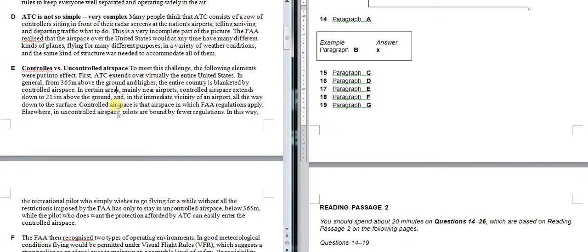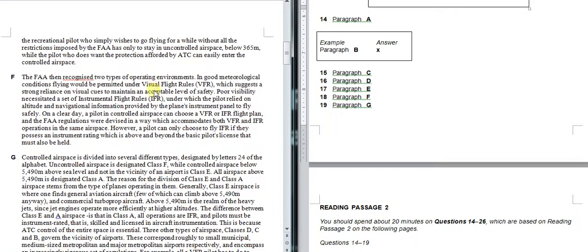Okay, looks like that is what we're looking for there. It's a good summary. Okay, F. Let's take a look here. Two types of environments. We had VFR and IFR. What are they about?